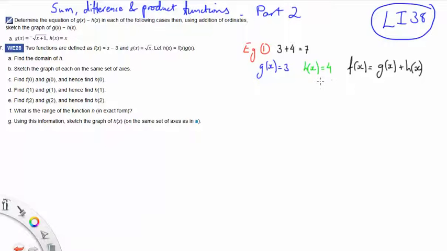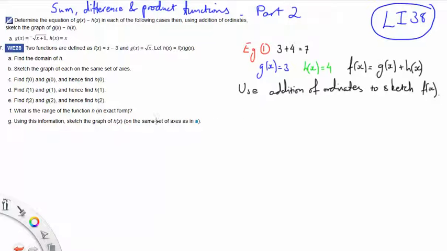Alright, so we've got g of x equals 3, h of x equals 4, and we've got f of x, which is the sum of these. And suppose the question said, use addition of ordinates to sketch f of x. Alright, what would this look like?